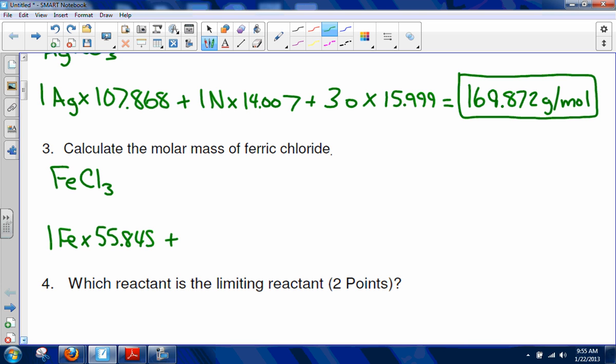Plus how many Cl's? Times 35.453. Do the math, and what do I get? 162.204 grams per mole. Anyone else get that number?